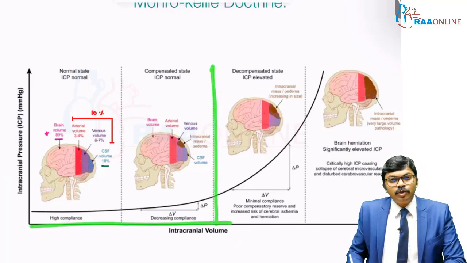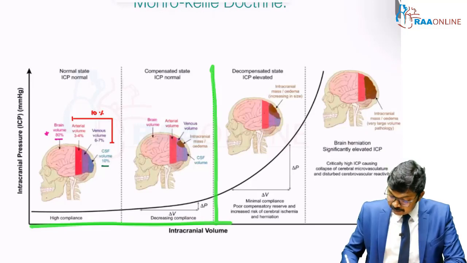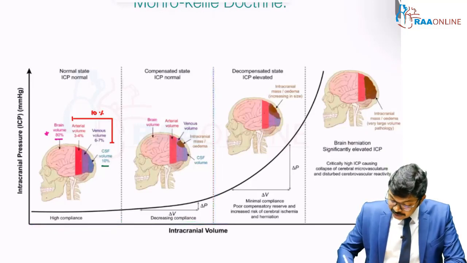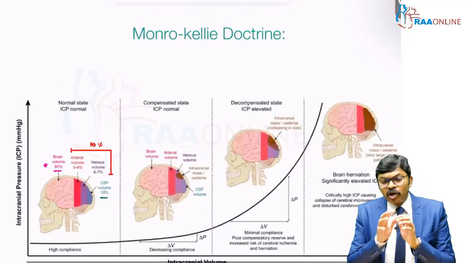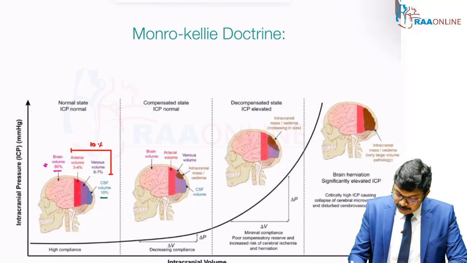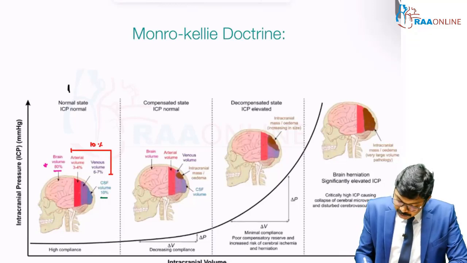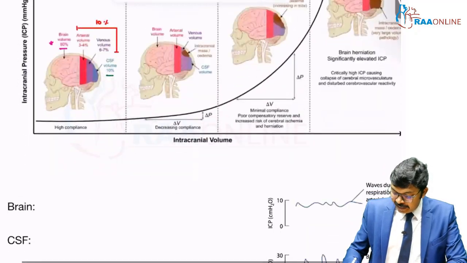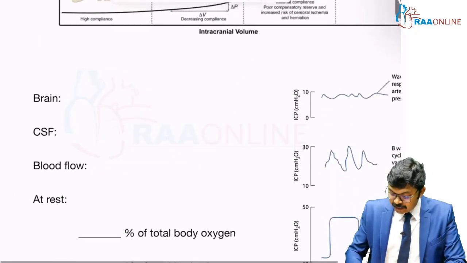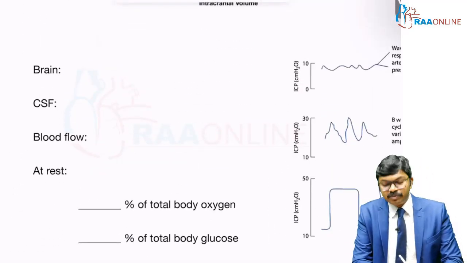Beyond a point, there is no possibility of maintaining intracranial pressure, and intracranial pressure increases as the volume increases, guys. So this constancy of intracranial pressure in a normal state is what is called the Monro-Kelly doctrine. This is mediated by three structures, guys. One is brain, the second is CSF, and the third is blood flow.